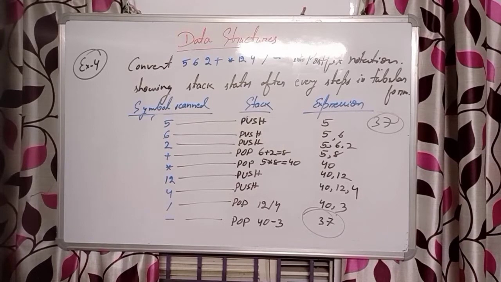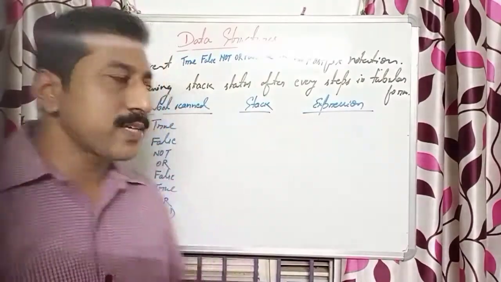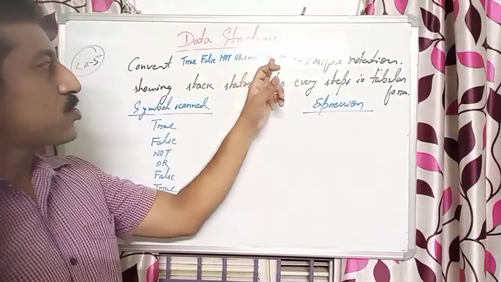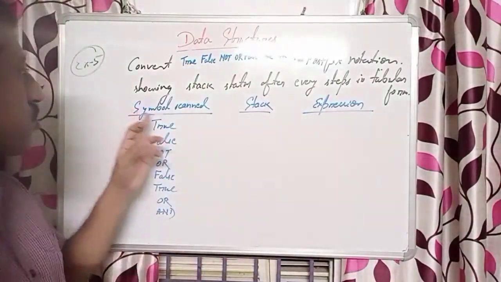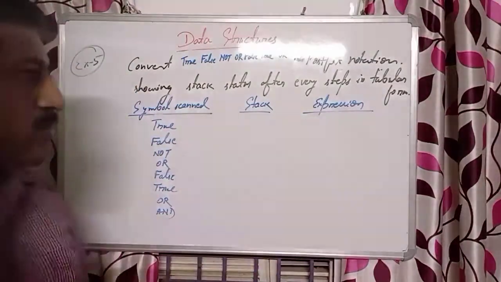Okay, we'll go for the next example. We'll see the next example, students. Example 5: convert true, false, not, or, false, true, or, and into postfix notation, and show the stack status after every step in tabular form.